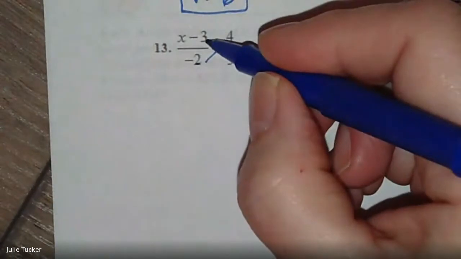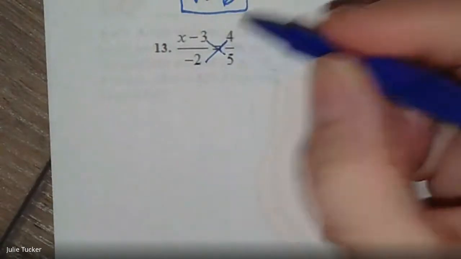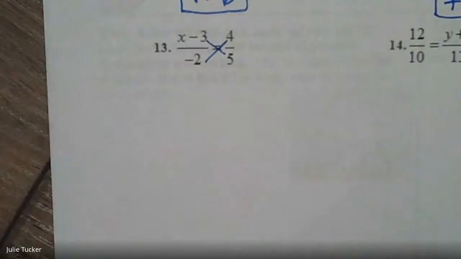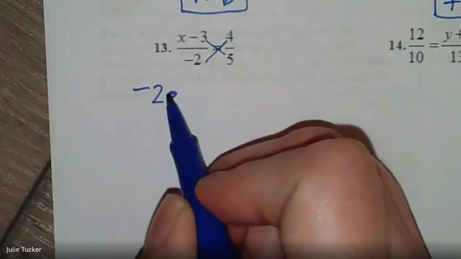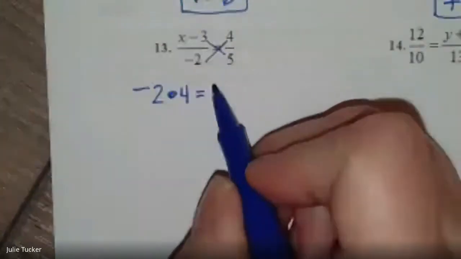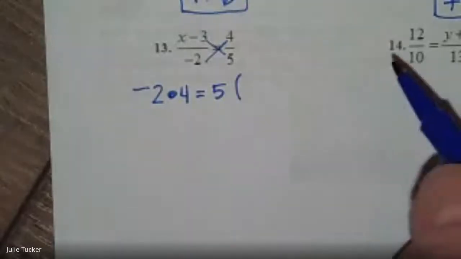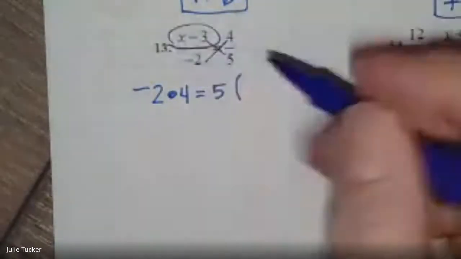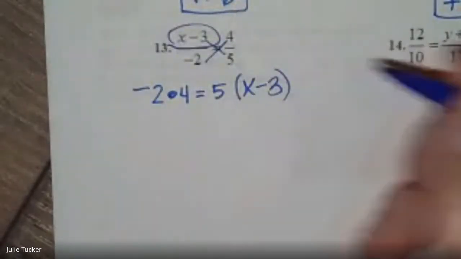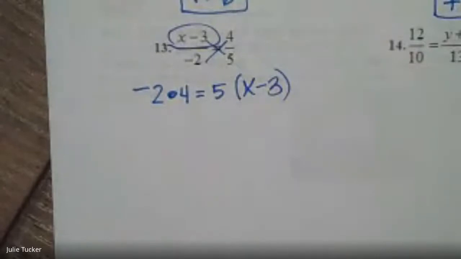So negative 2 times 4 equals 5 times all of the x minus 3. And then we have to do what?